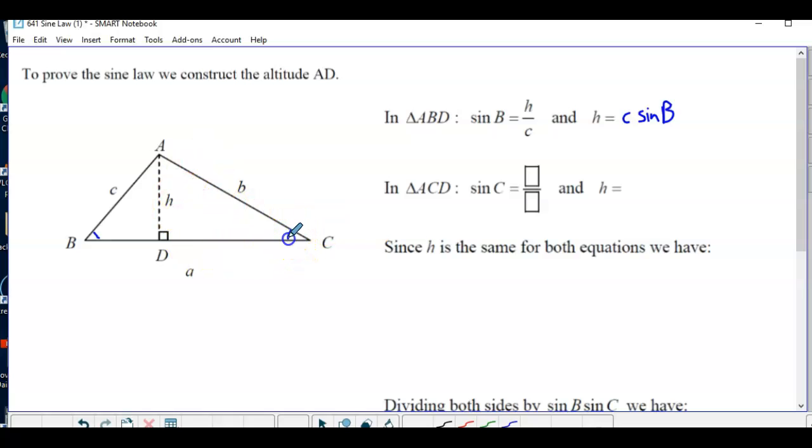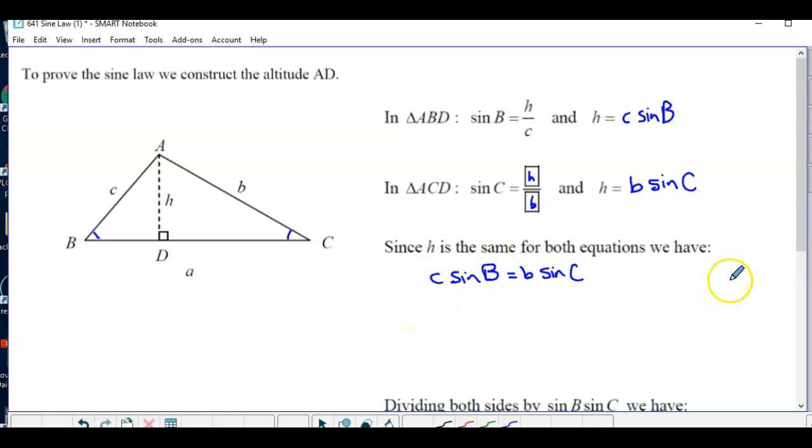Sine of C would be H over B. If we solve for H, we multiply by B, so B sine capital C. In these two triangles, that height is the same, so this H has to be equal to this H. That means C sine B has to equal little b sine big C. So that, in a sense, is the sine law.